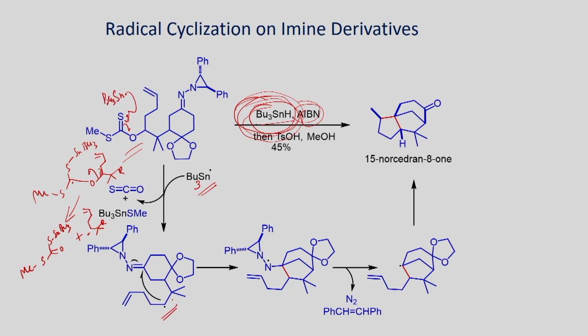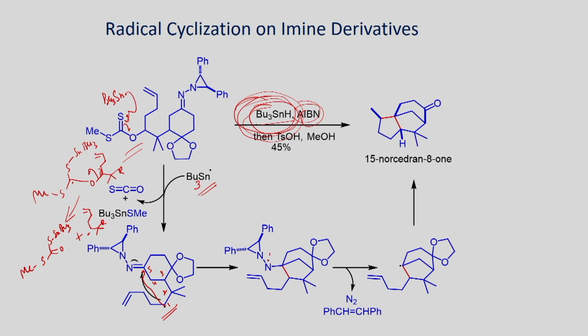Once you form the secondary radical, you have the carbon-nitrogen double bond, which can undergo intramolecular cyclization to give this nitrogen radical intermediate. Once we have this one, this can undergo further reaction.